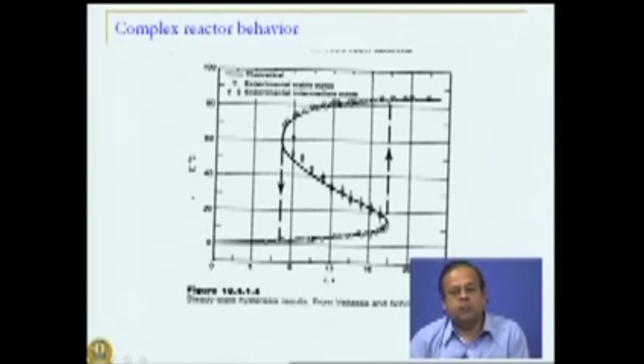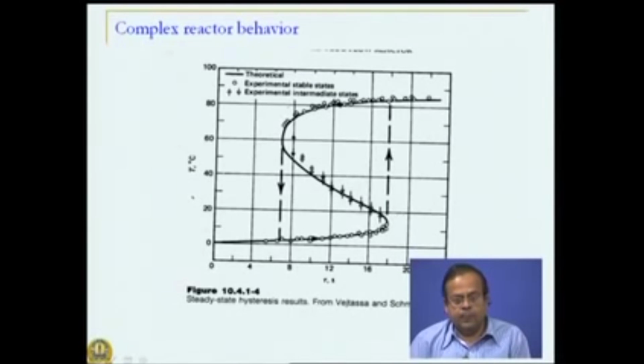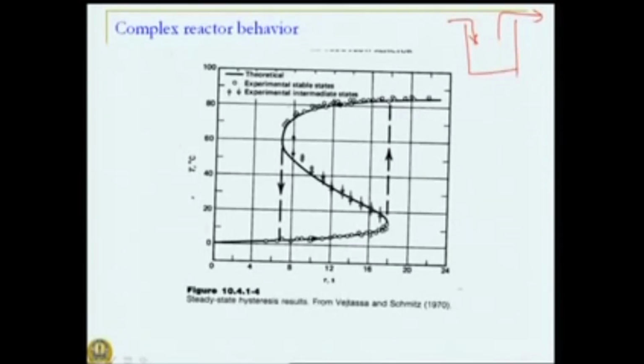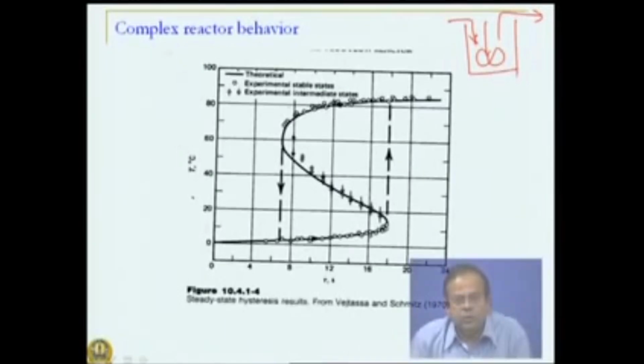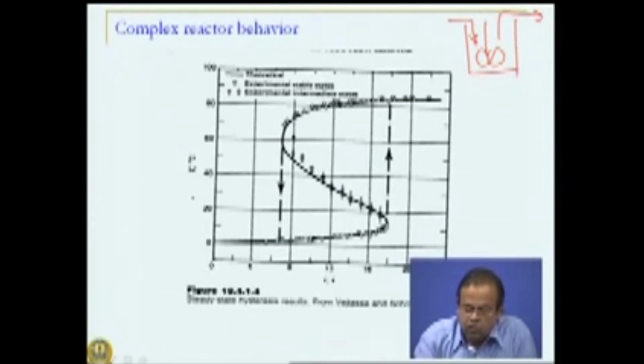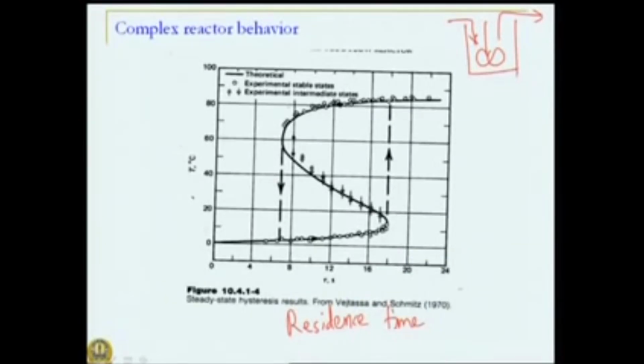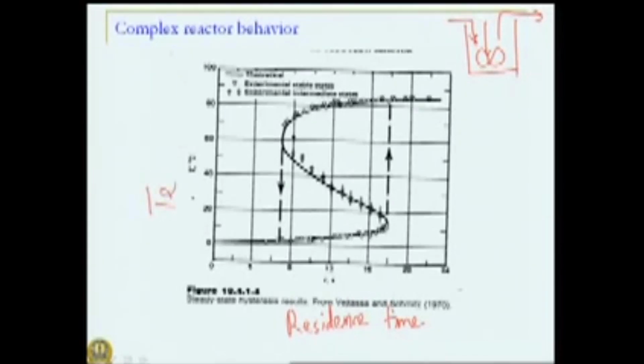Here is another example of what happens when you have complex reactions. This is an example of running a stirred tank reactor for oxidation of sodium sulphite, which is an exothermic reaction, and what we have here on the x axis is our residence time, and on the y axis is the temperature of the reactor.